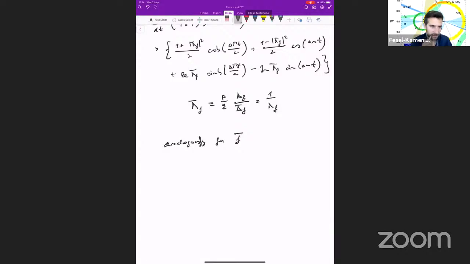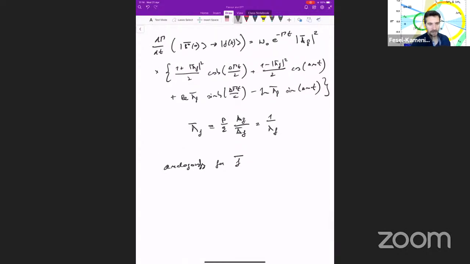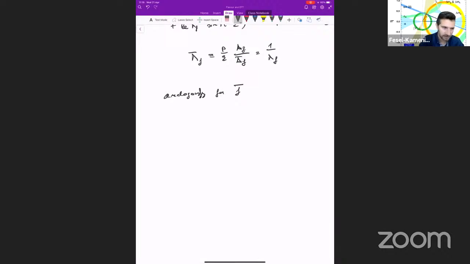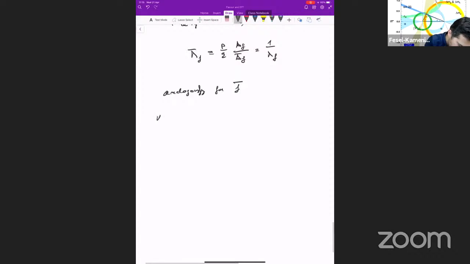Now there is a simple observable which one can define in terms of these time-dependent decay rates, which measures CP violation in these time-dependent decay rates, and is the simplest in case we are interested in decays when B naught bar decays to a CP eigenstate, f_CP.